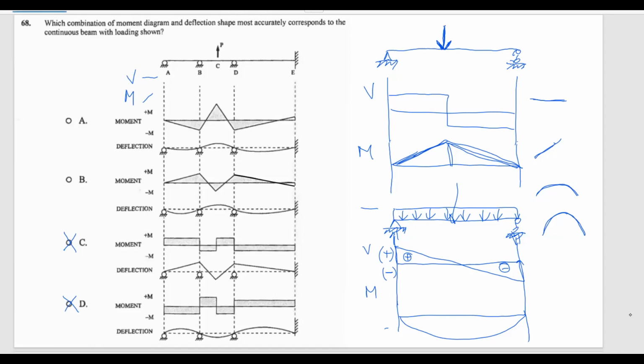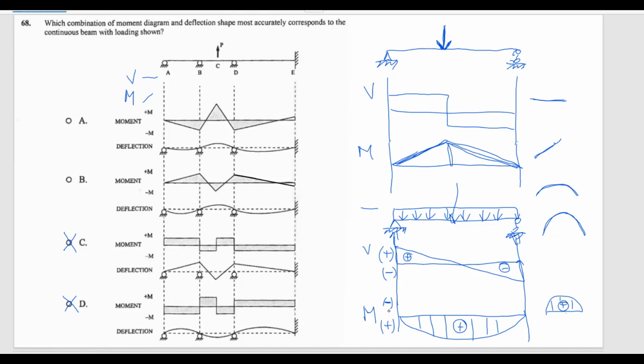drawing the correct sign. So to let people know that we know what we're doing, I will have positive at the bottom and negative at the top. So this would be my moment diagram with positive at the bottom, which is similar to the shape that I drew before, where positive was here.